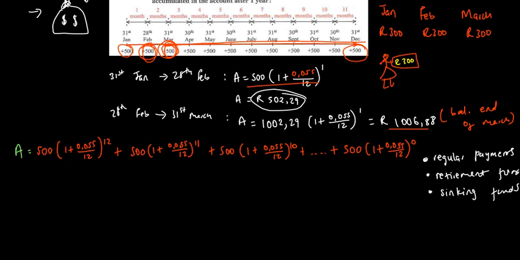Good people, if you look at this and write it in reverse, you can start with this one. Remember, anything to the power of 0 is 1, right? So you can write it as 500 plus 500 into 1 plus 0.055 divided by 12 to the power of 1.